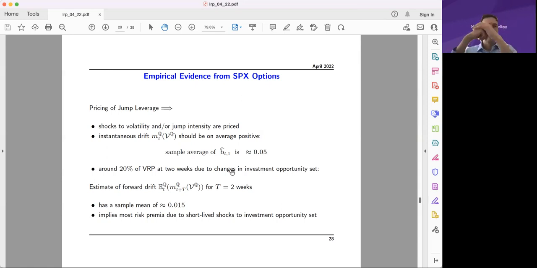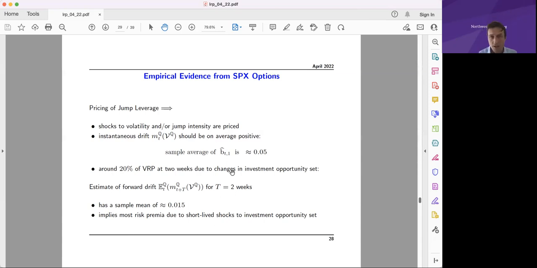Okay. Now, I have probably just a few minutes left, so 5 minutes or so. This was all evidence from S&P 500 options, and it's impressive that you can back out the leverage in a model-free way, using just the option data on the S&P.